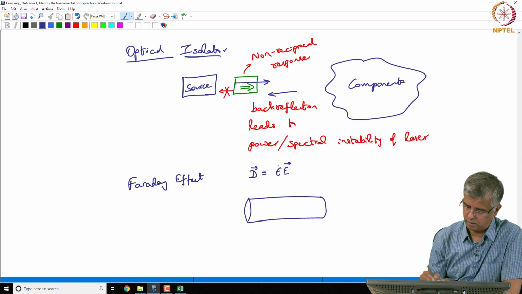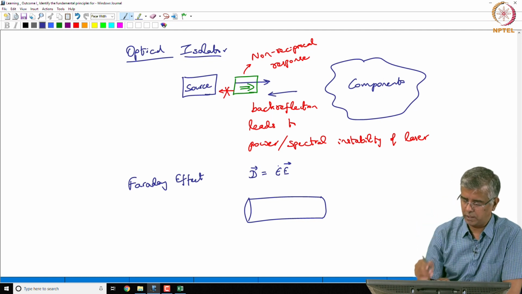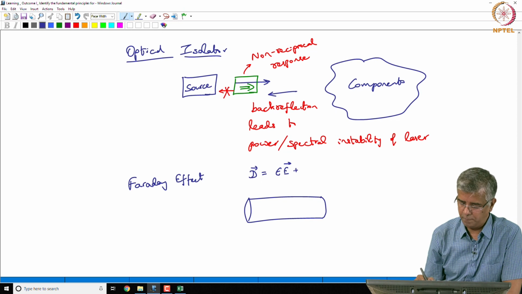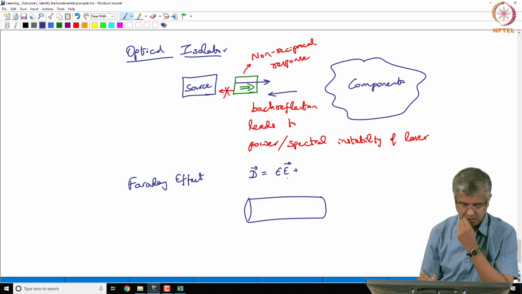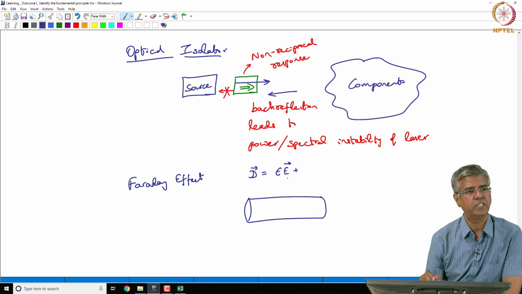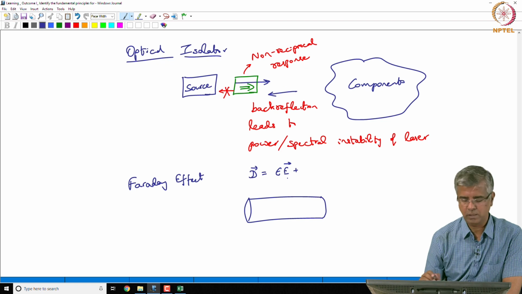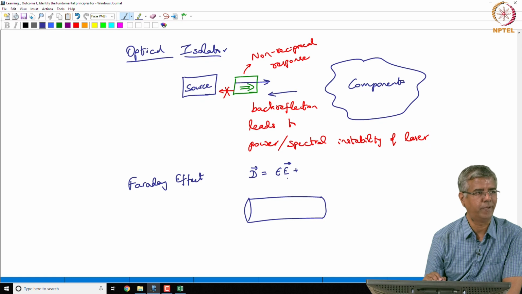That is what we were looking at in last week's lectures. But it so happens that there is also a response in terms of changing the polarization of light in the existence of an external magnetic field.